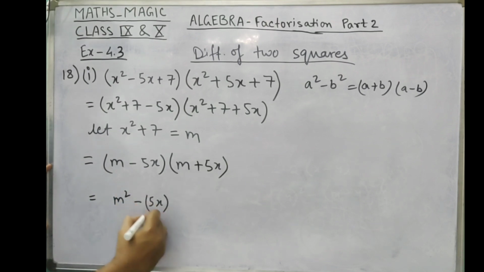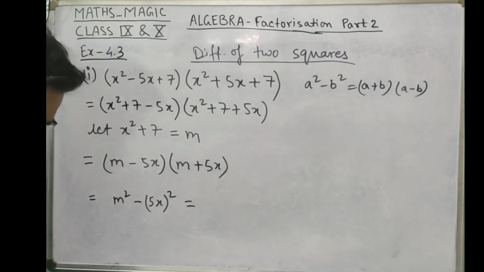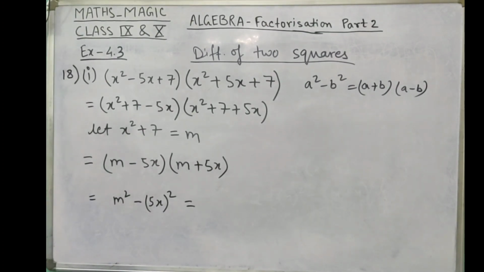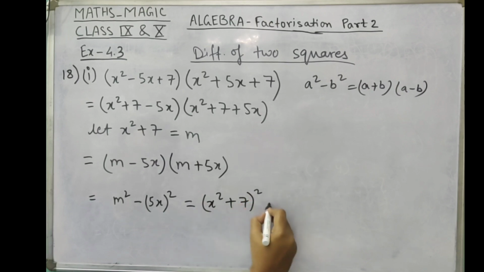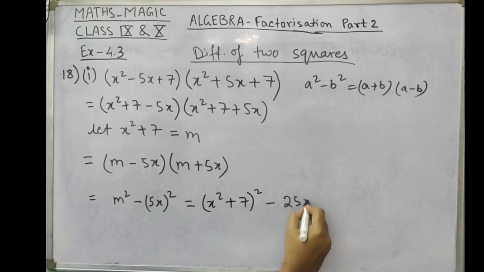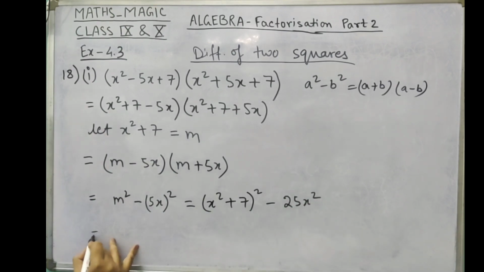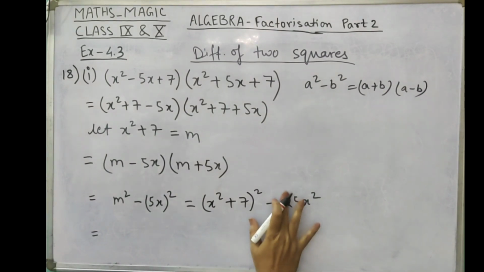Now I can put back the value of m square, which is the whole square of this minus 5 square, which is 25 x square.